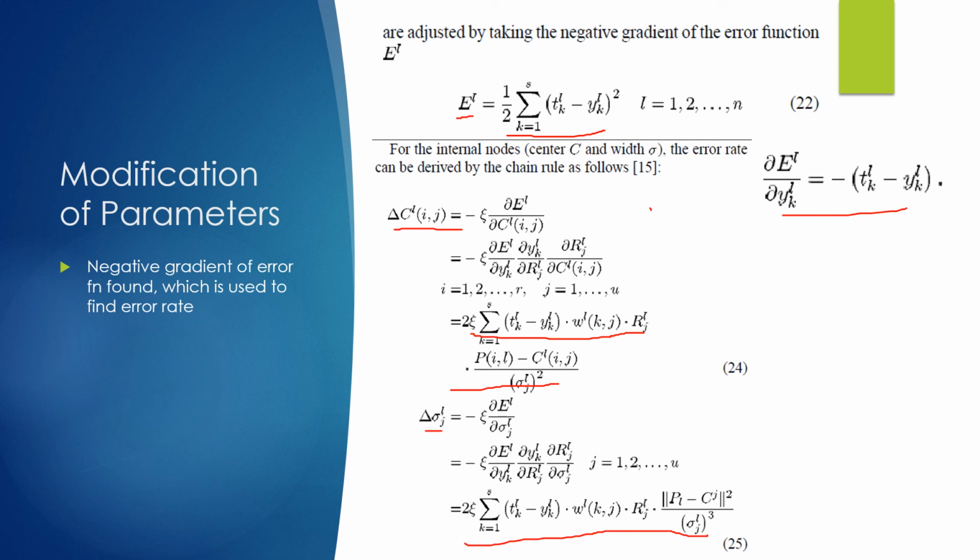Each of these is a known value to us. Tk minus yk is the error signal which is generated, w is the corresponding weight vector, r is the output of the radial basis function, and this is the Gaussian function that we are using over here.